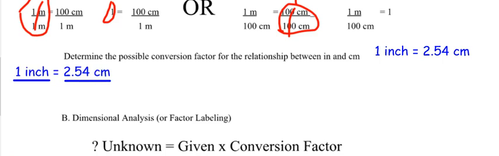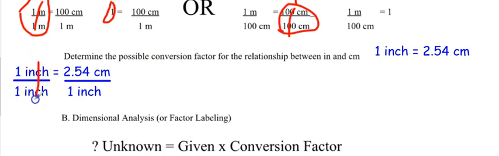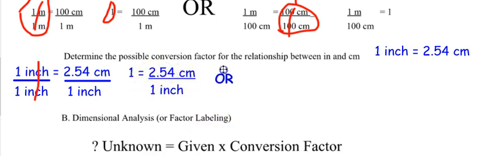I really don't care. Well, all right, because I go left to right, I'll do inches. So I'm going to divide both sides by inches. Well, what do you notice? Doesn't this equal 1? All right, so if it's equal to 1, then we can say 1 is equal to 2.54 centimeters over 1 inch.